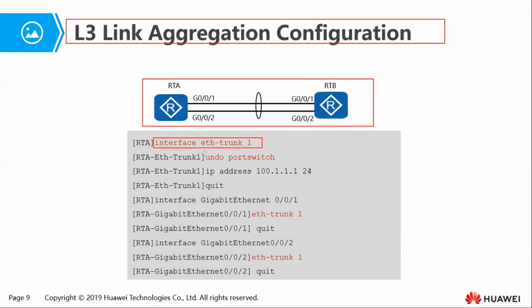Then this is the command that is used to change the Ethernet trunk from a layer 2 Ethernet trunk to a layer 3 Ethernet trunk. So undo port switch. Once you've done the undo port switch command, now you can assign the ETH trunk an IP address.